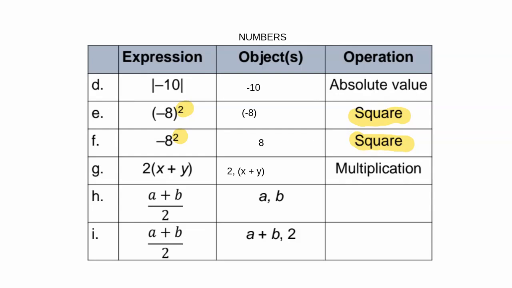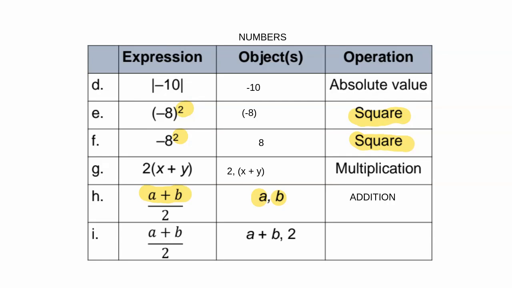Now, we got to look at what we have. We're talking about H. Well, A and B is just the numerator. What are we doing just in the numerator? We are adding.